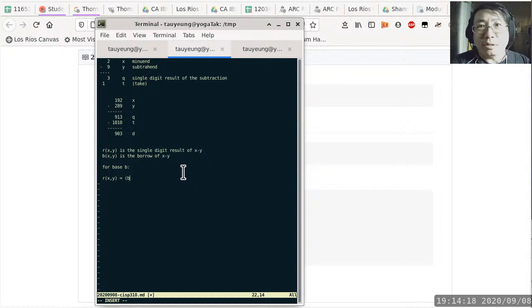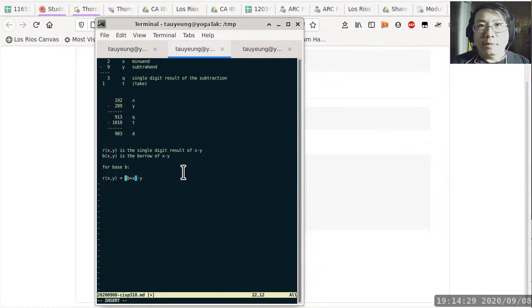So if we're talking about base 10, b is 10. So we add x to b and then take y away from b. Now, if I just do it this way, let me just leave the equation the way it is. So if I just do this, then you can say, but Tack, what if x is greater than or equal to y?